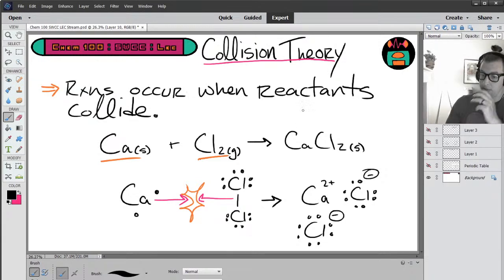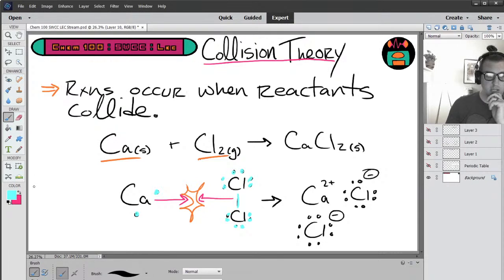But there's a second problem. The problem is right here, and it's here, and it's here, and it's here. What am I doing? I'm highlighting all the electrons.